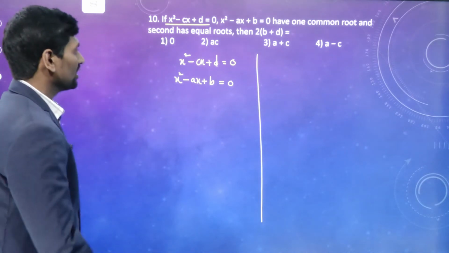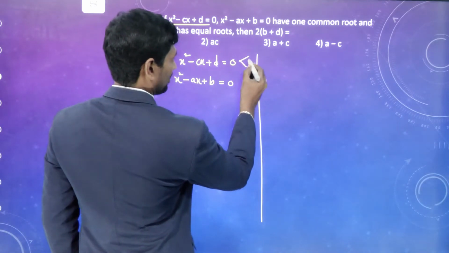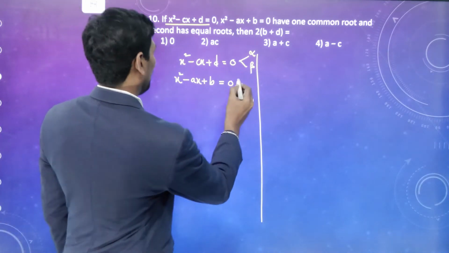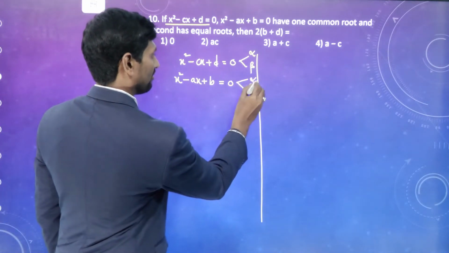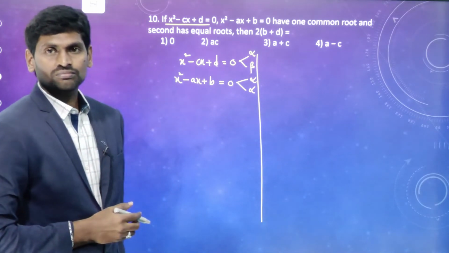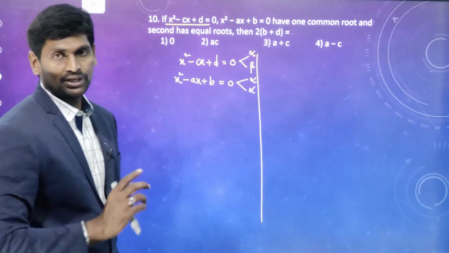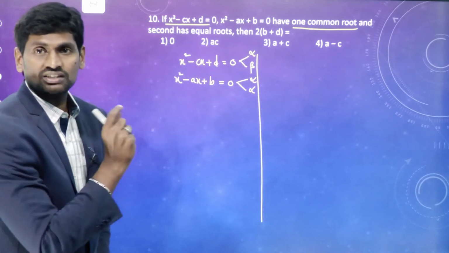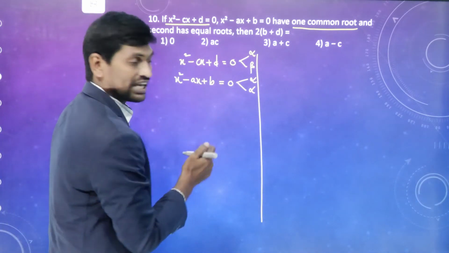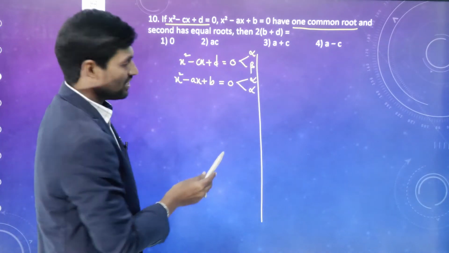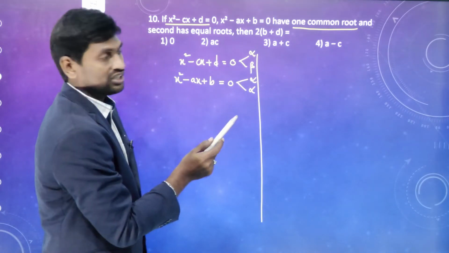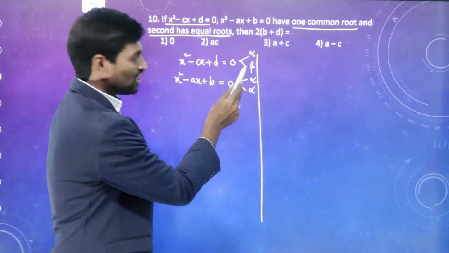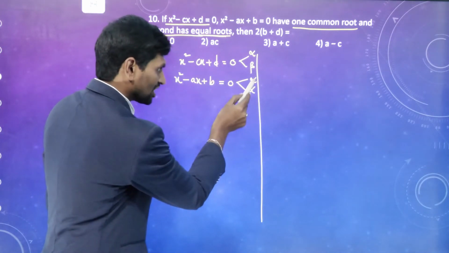That means the first equation has the roots alpha, beta, two different roots, and the second one has equal roots alpha and alpha. Both we should take alpha or both we should take beta, because one common root among the two equations. I am taking alpha as the common root. That's why the second equation also has alpha, and according to the statement the second has equal roots. That means if you take alpha, both are alphas, or if you take beta as the common root, both are betas.